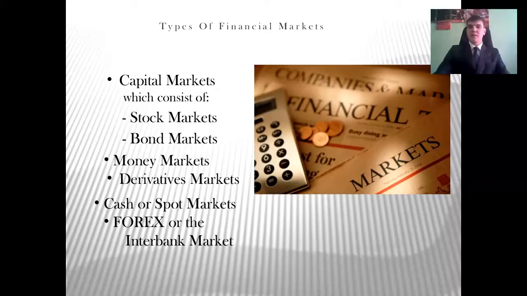For many investors, volatile market like capital market is just too much to swallow. That's why they turn to an alternative. Money markets can be a lower risk and it can be used for risk management. Next is derivatives market. It's a market for the derivatives, financial instruments which are derived from other forms of assets.